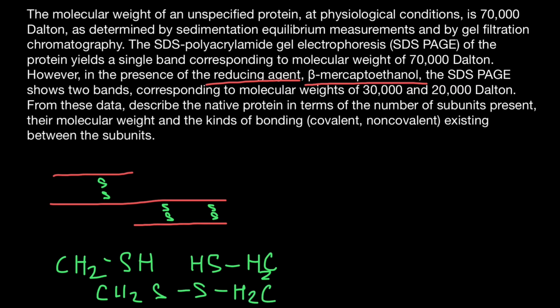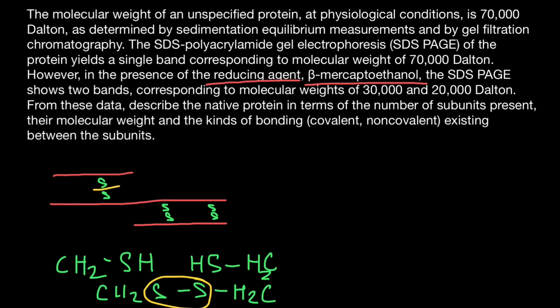So now we see that 2 cysteines formed a disulfide bond, but this oxidation reaction is reversible with the reducing agent beta-mercaptoethanol. This disulfide bridge, this covalent bond, is going to be broken, and again all these 3 polypeptides will separate.